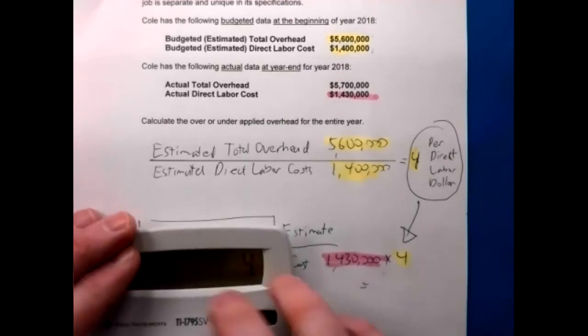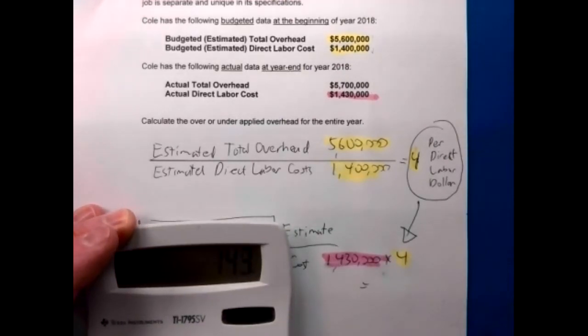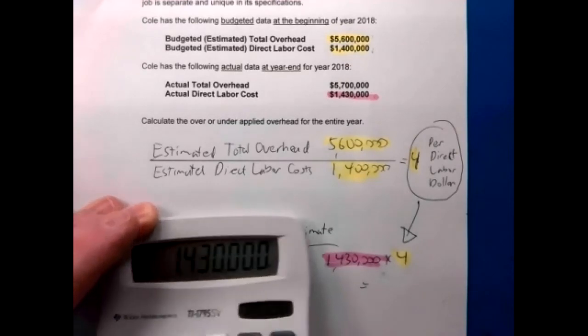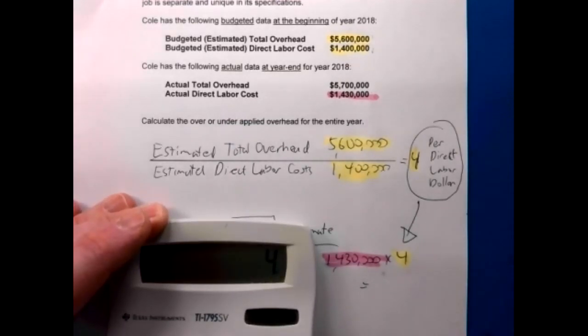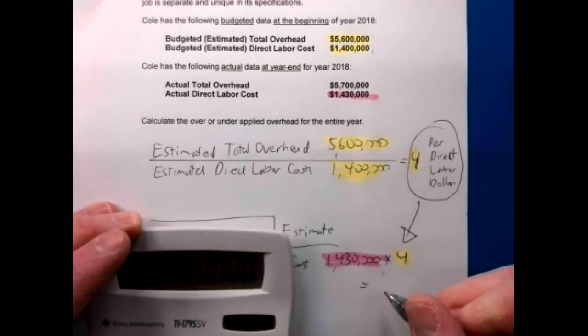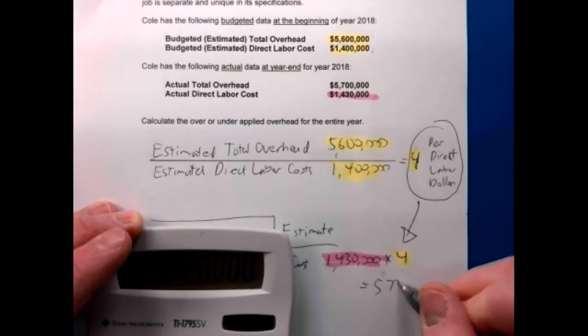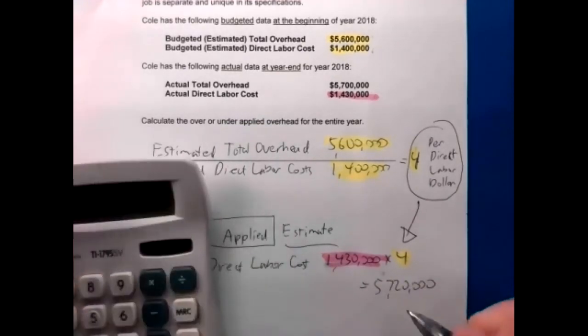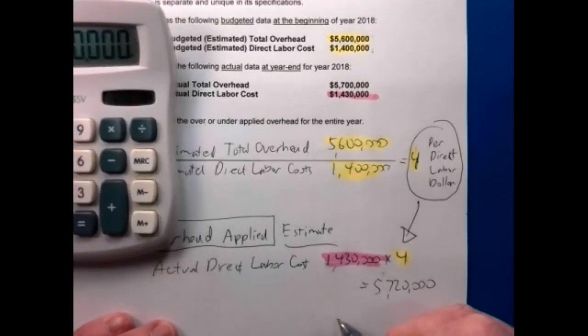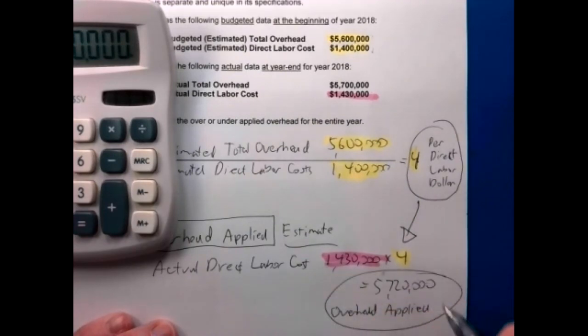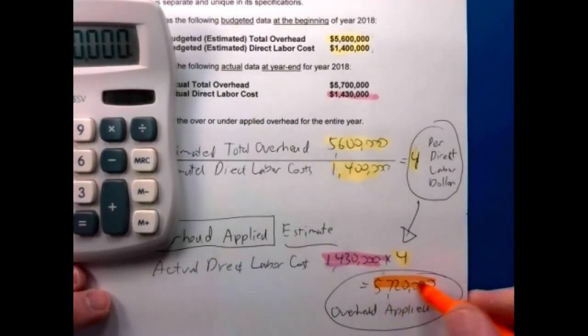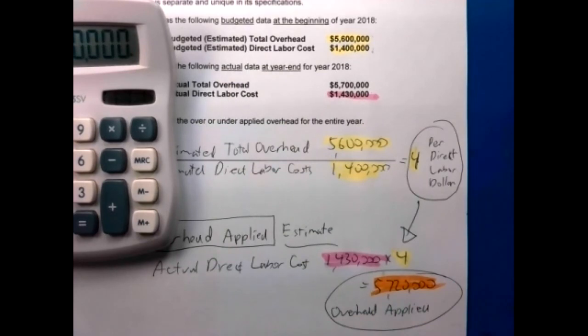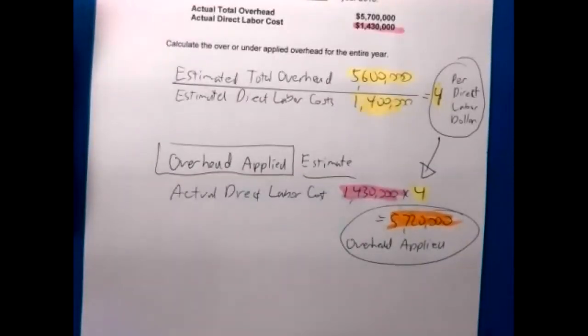So 1,430,000 times 4. So this would have been the overhead applied. So the question is, was it over applied or under applied?